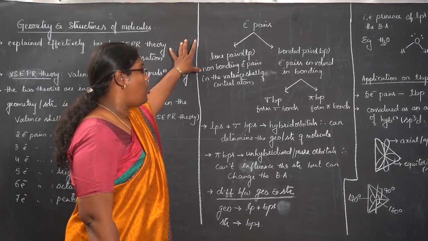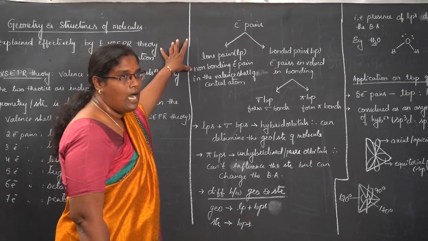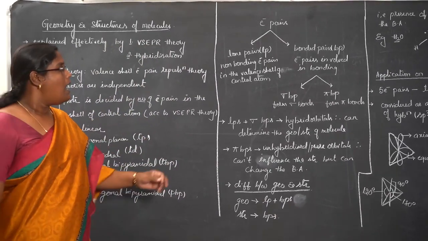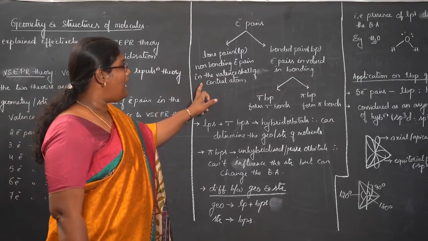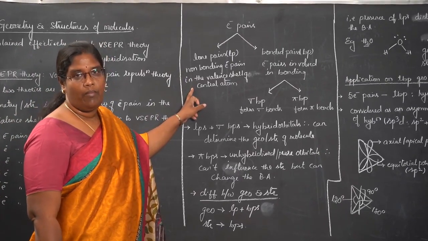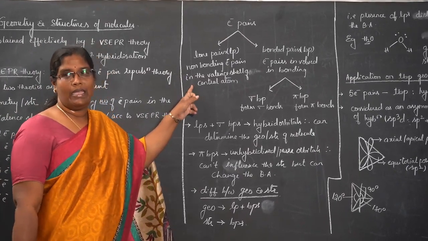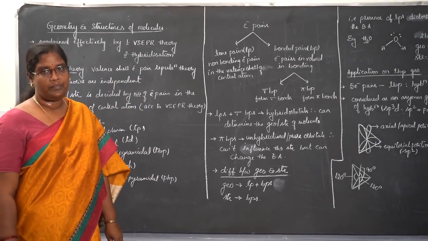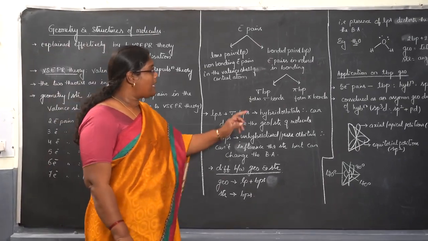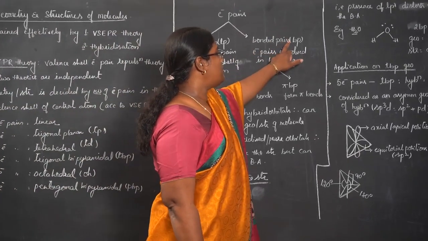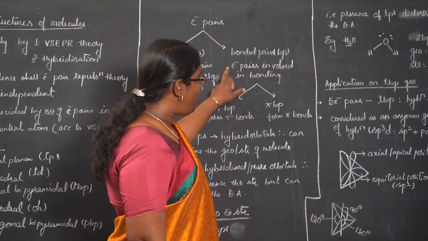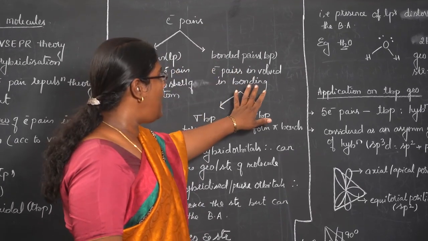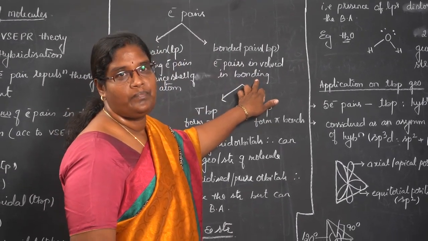Lone pairs are non-bonding electron pairs present in the valence shell of the central atom, which means these electron pairs do not involve in bonding. The second one is bonded pairs. The electron pairs which are involved in bonding, we call them bonded pairs.